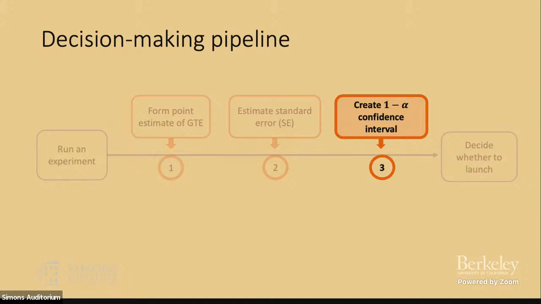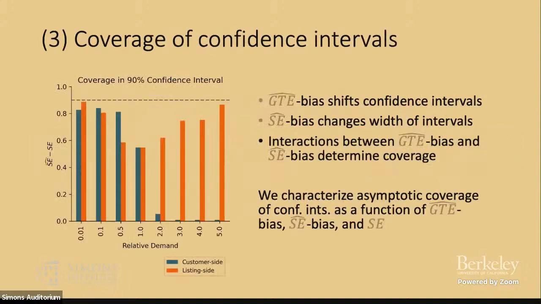All right, so now I've talked about bias in your standard error and in your treatment effect. And then both of these will come together to affect the coverage of your confidence intervals. I won't spend too much time on this, but basically when you have this treatment effect bias, it's shifting your confidence intervals right or left.